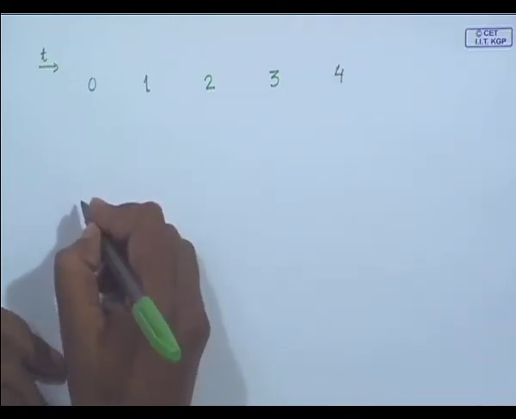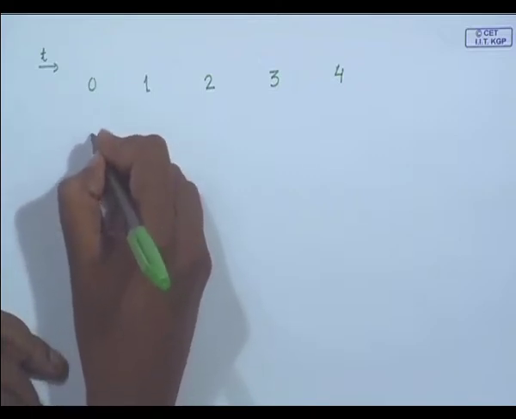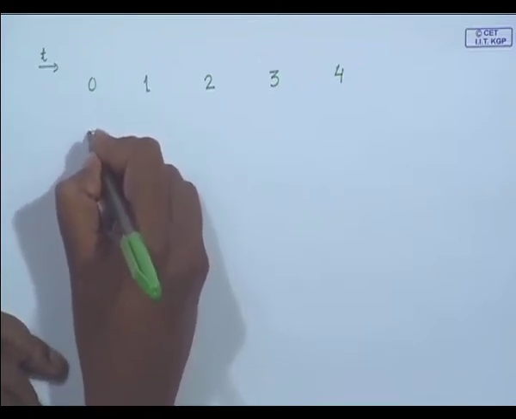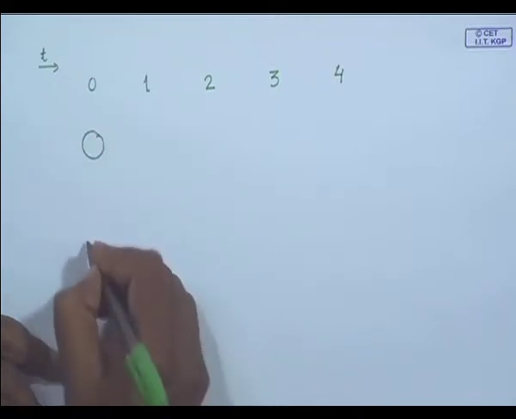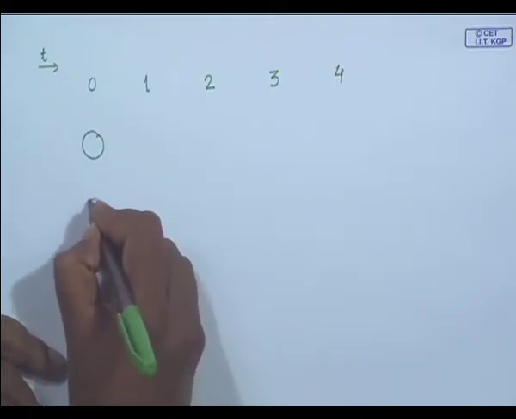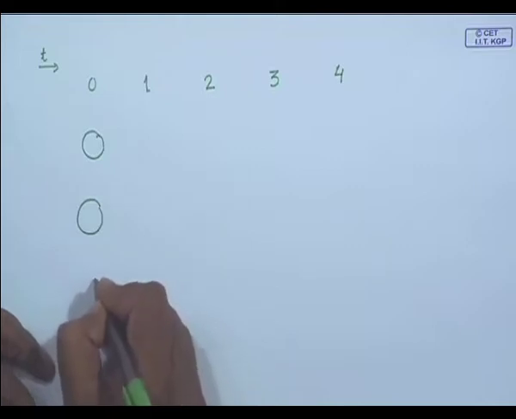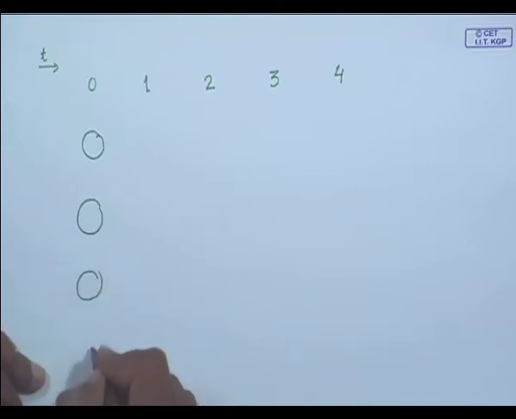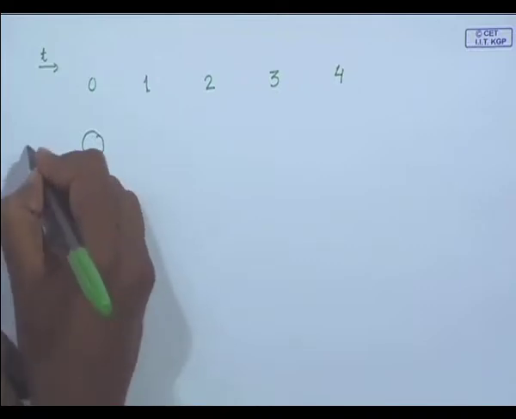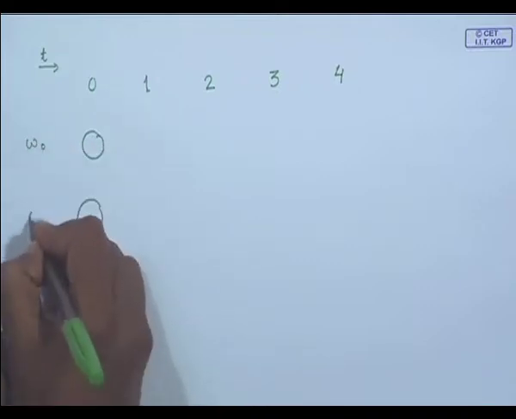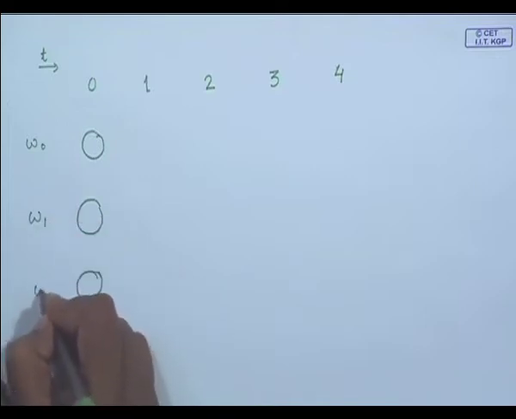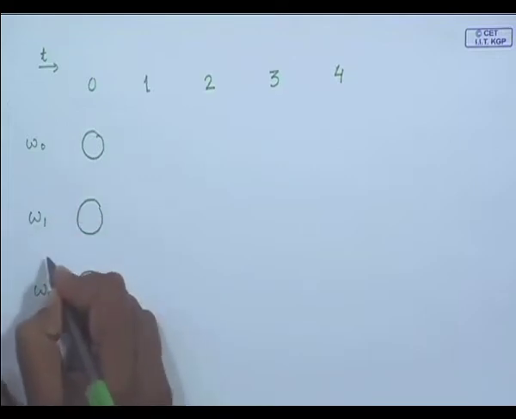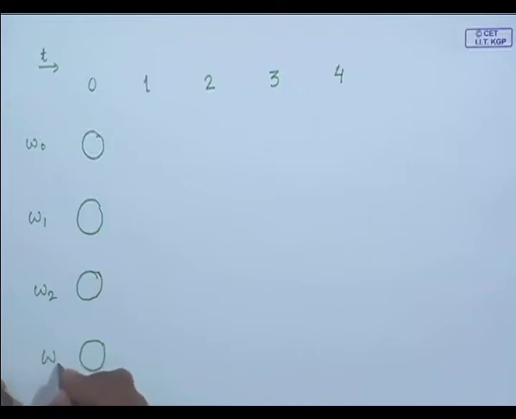At each time I have different states: omega 0, omega 1, omega 2 and omega 3. So, let me put omega 0 in the first row, omega 1 in the second row, omega 2 in the third and omega 3 in the fourth row. So, this is the situation that I have.